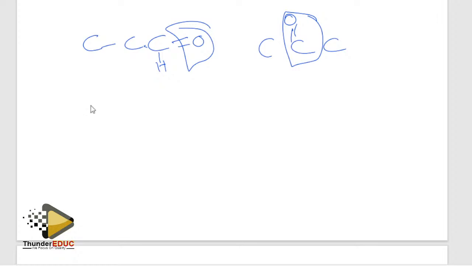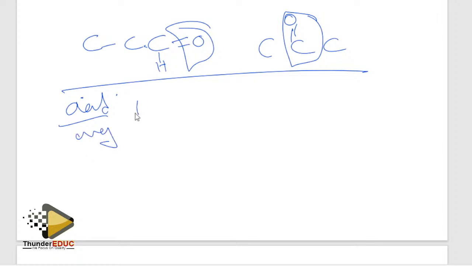For example, if I have a reaction, so now I might combine this with the reactions. If I have a reaction, you have an acid, which is organic acid, and then plus alcohol, then in presence of sulfuric acid, you form an ester. Cool.